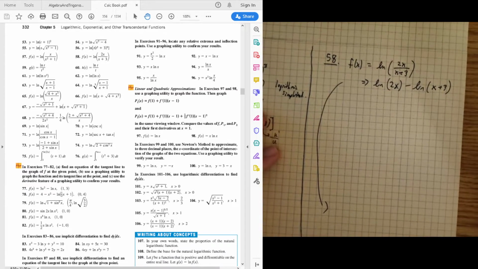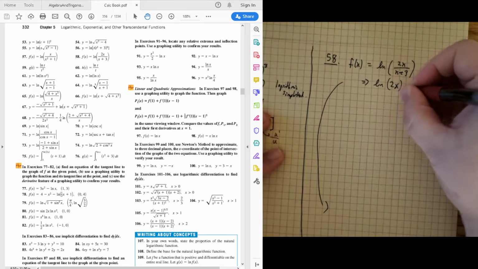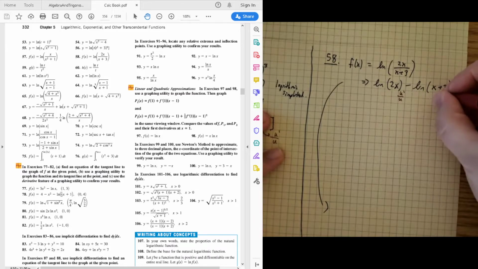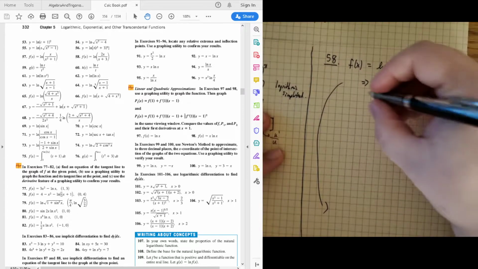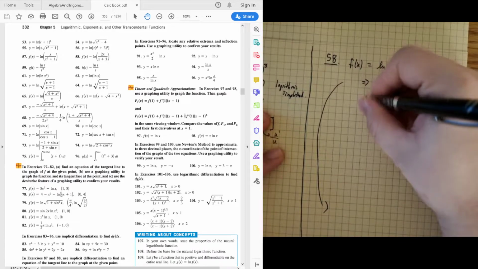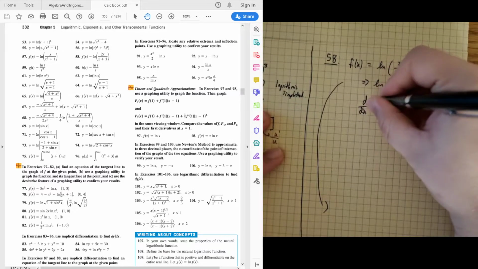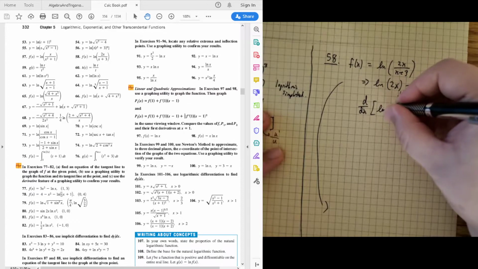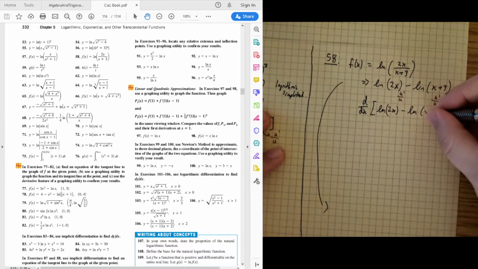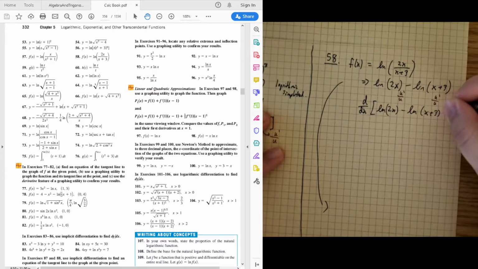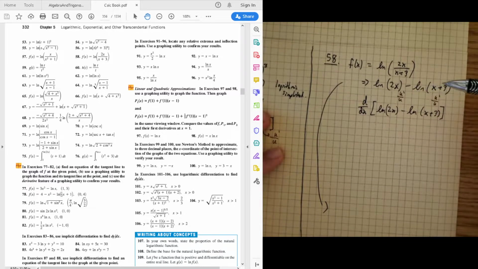Okay, let's do this. So for each one of these, I'm going to do u prime over u for each one, and then get a solution. So for these ones, I'm going to do d dx, since we're dealing with x, of the natural log of 2x minus the natural log of x plus 3. And then I do u prime over u.